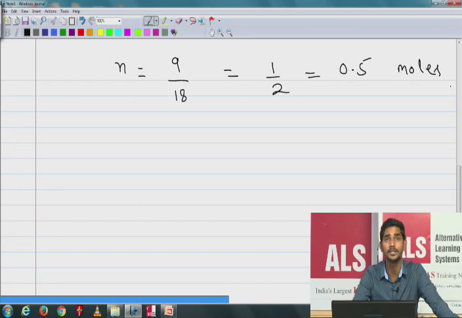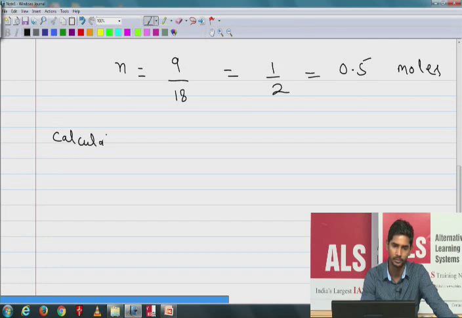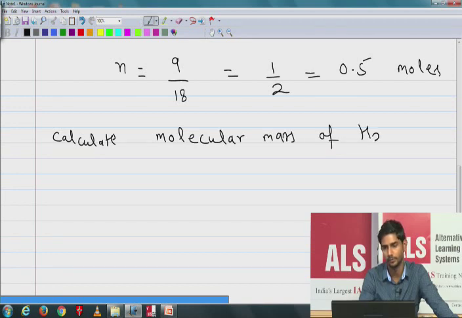I hope it is clear to everyone. Guys, first of all, tell me, do you know how to calculate the molecular mass or the molar mass? If I say calculate the molecular mass of H2SO4, can you calculate it?